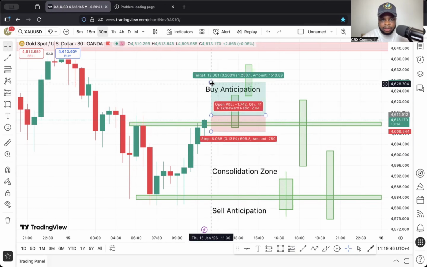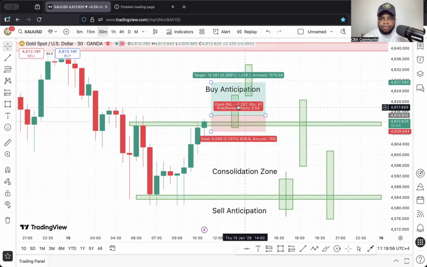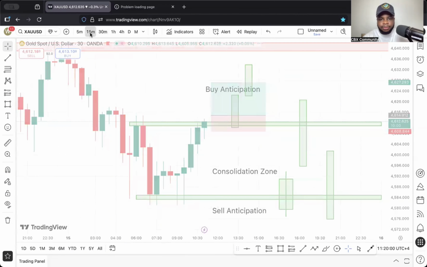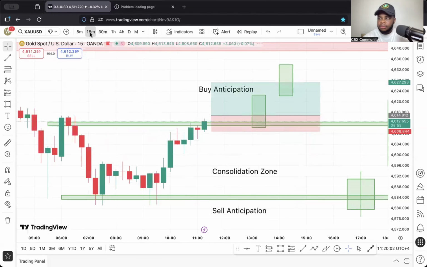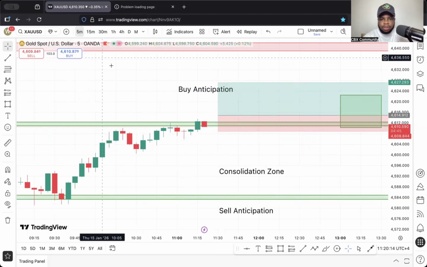So I can target like 123 pips. Okay. Let's see what the market condition is doing.